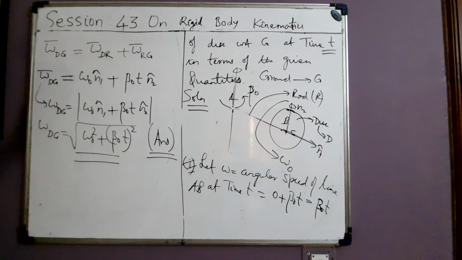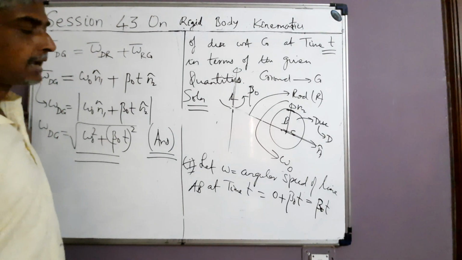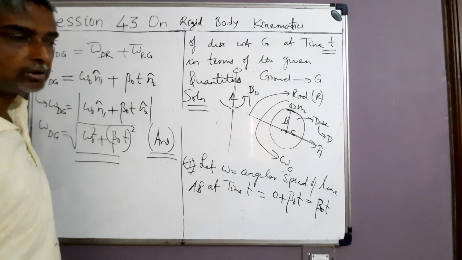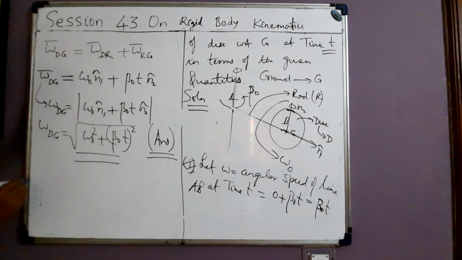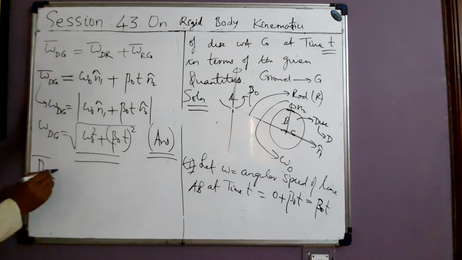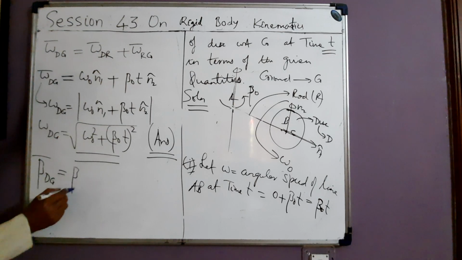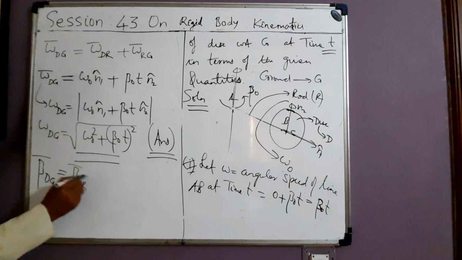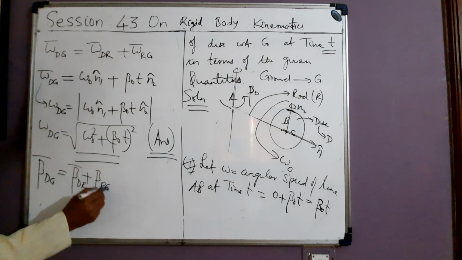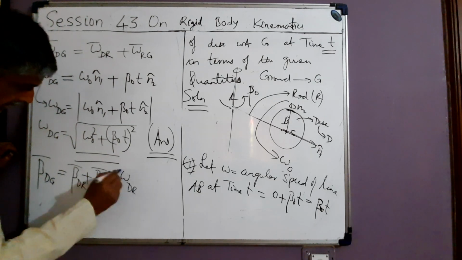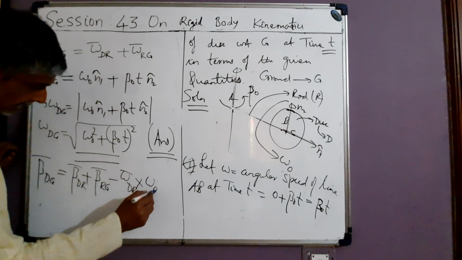Now in second part we have to determine the magnitude of angular acceleration of disk with respect to ground in terms of the given quantities omega naught, beta naught and t. Now beta dg is the angular acceleration of disk with respect to ground. Again, for that relative formula for beta, what do we write? Beta dr plus beta rg minus omega dr cross omega rg.